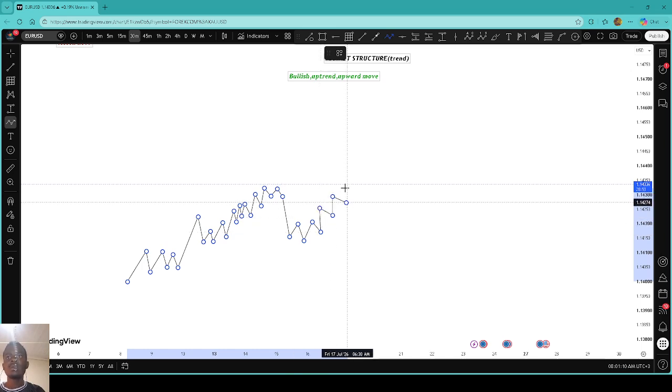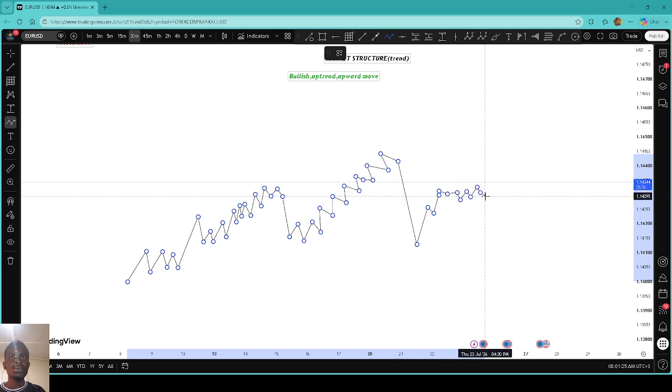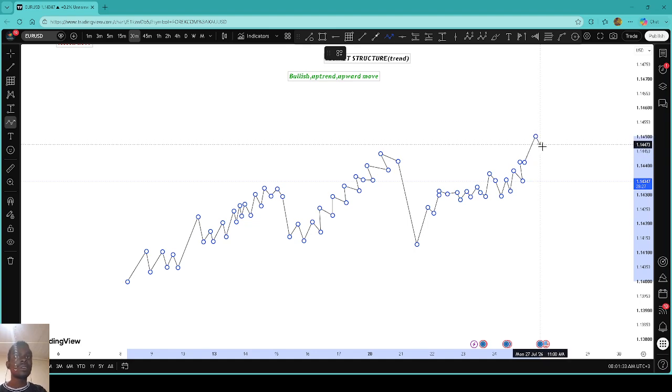So price just moves. Drops again, then moves. But you find that it starts now in this. But it's still an uptrend.